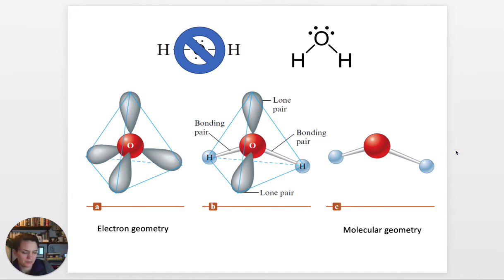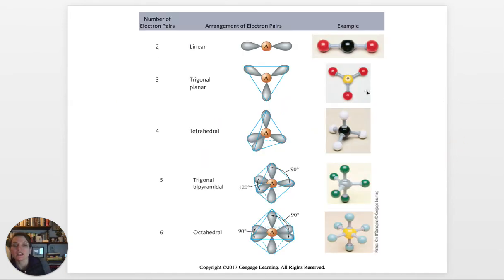Okay, so let's just think about this in terms of the number of atoms that something's bonded to. So we think of those bonds as your effective electron pairs, right? So in this example, let's say this is our carbon dioxide again, right? So this would be a linear geometry.